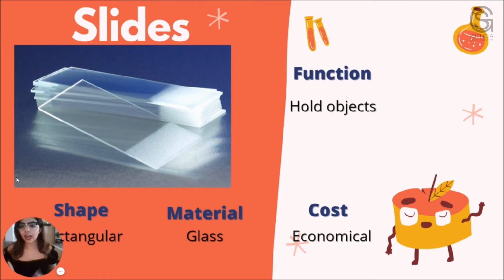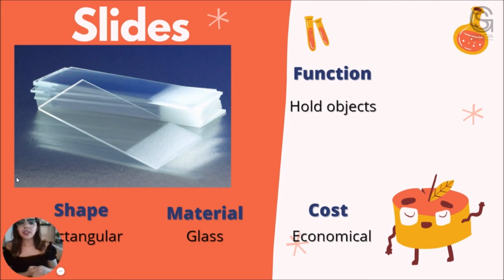Their material, they are made of glass, only glass, and they are mainly economical, okay? So as a brief description, slides are made of glass, they have a rectangular shape, they are economical, and their main function is to hold objects in a microscope, okay?